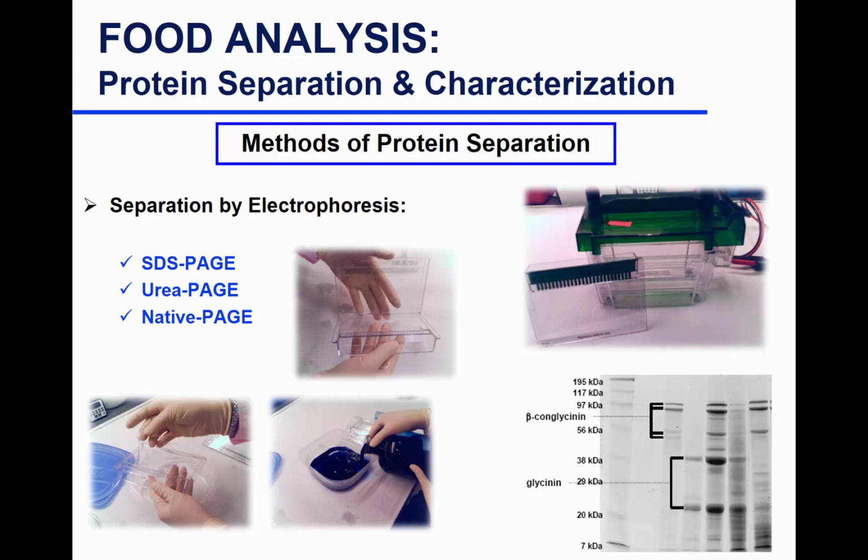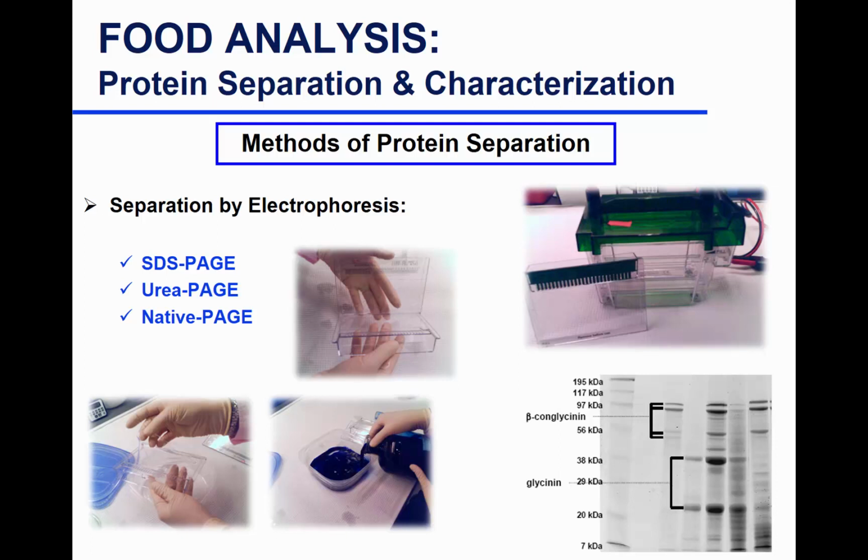They go down the gel and separate based on their molecular weight, with the smaller ones going down faster, following the current. Once the current is generated, negatively charged proteins are going to go towards the positive charge. So they're all going to go down, but the smaller ones will go down faster.